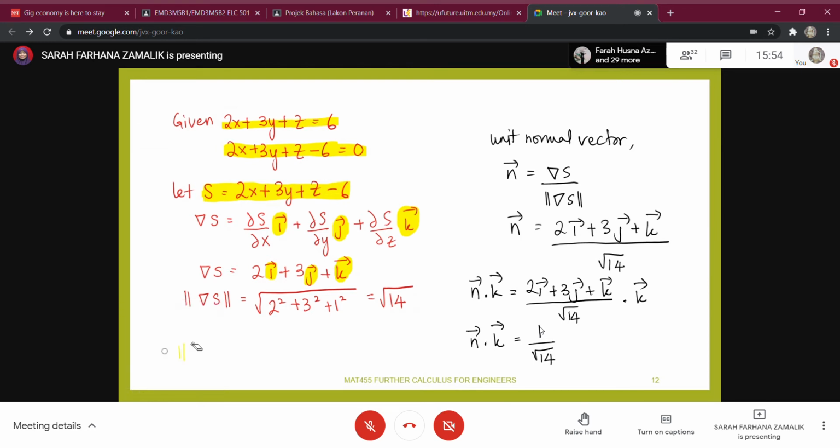So the magnitude of your gradient S equals to, it is actually the component of your partial derivative respect to X square plus the component for your partial derivative respect to Y square plus the component for your partial derivative respect to Z square. Maksudnya komponen untuk IJK ni ambil je and then awak square kan, tambah semua. That's why you get square root 14 in this case.